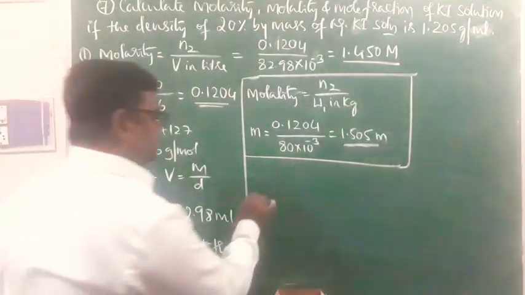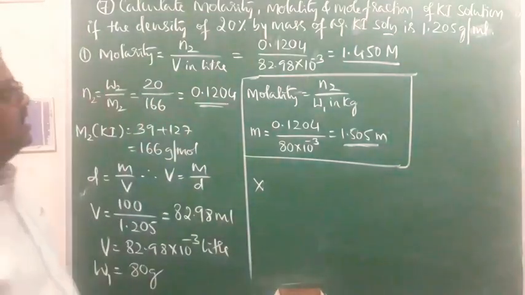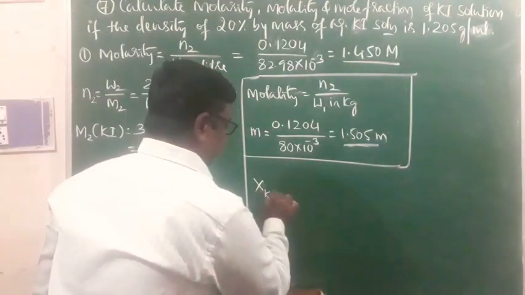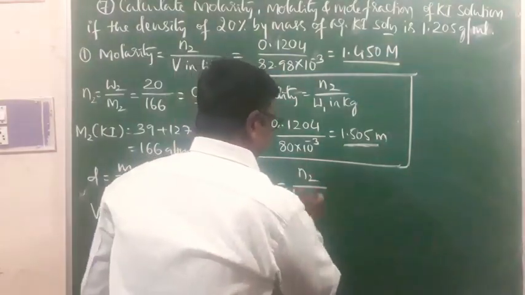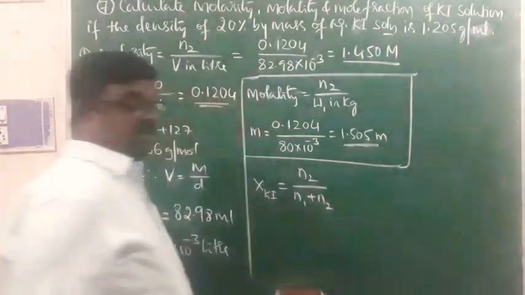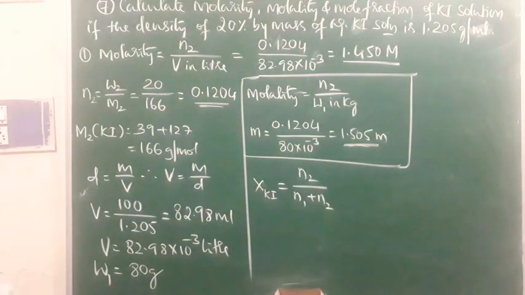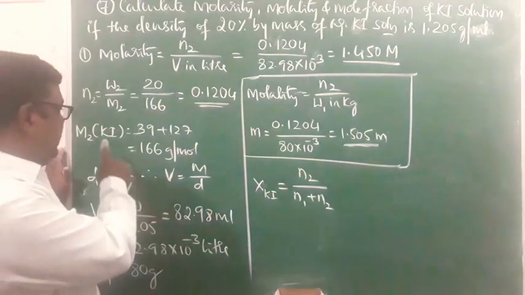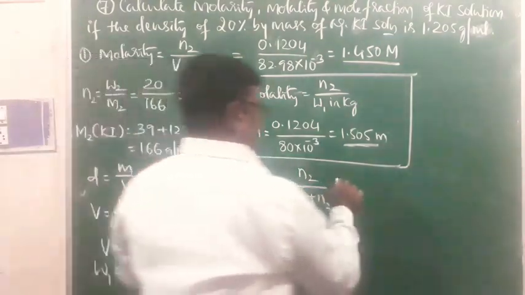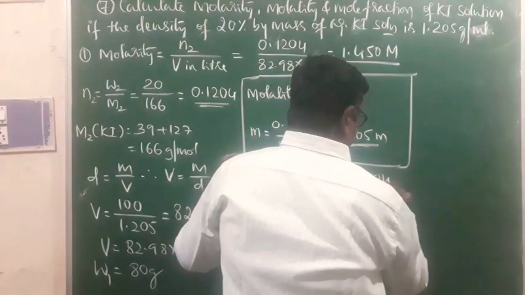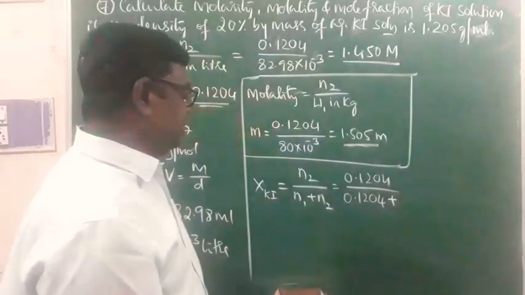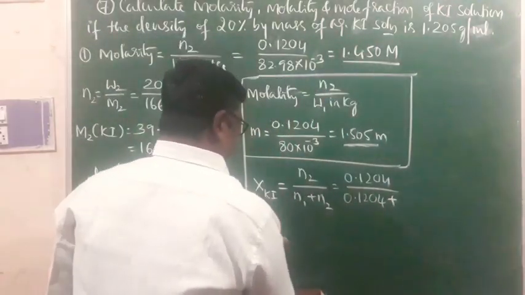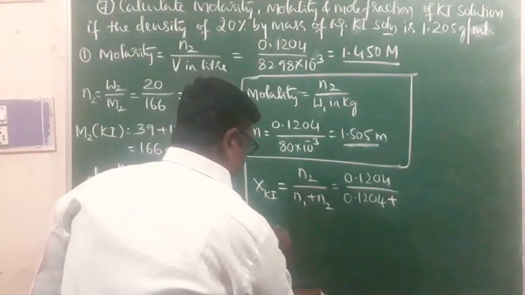Mole fraction of KI is equal to the number of moles of KI divided by the total number of moles, right? The number of moles of KI you already know: 0.1204. Divided by 0.1204 plus the number of moles of water, n1.